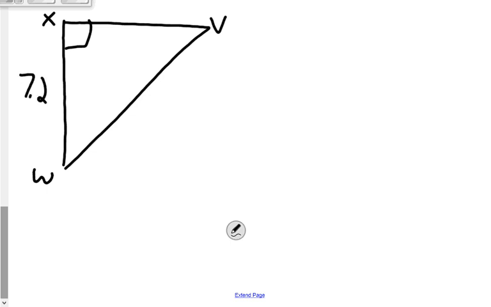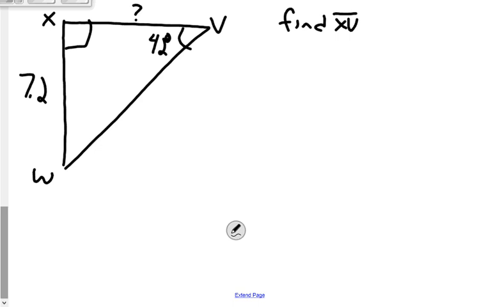That's 7.2. So that's 42 degrees. And we want to solve for side XV. Sometimes they just have XV. Sometimes, like your textbook will have a line over top of it to represent side. Okay. So now what we want to do is we want to solve for this guy.